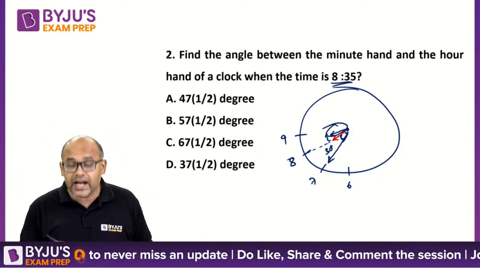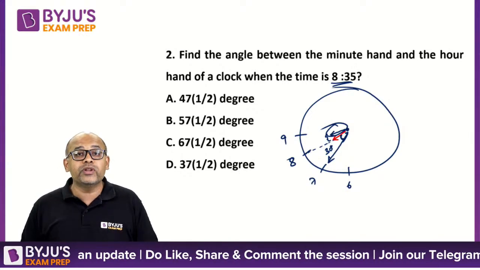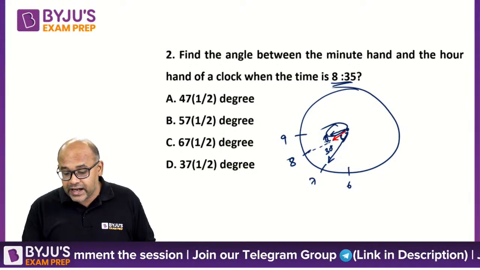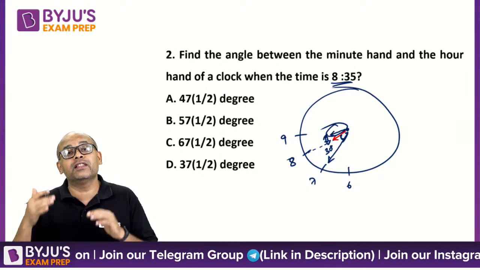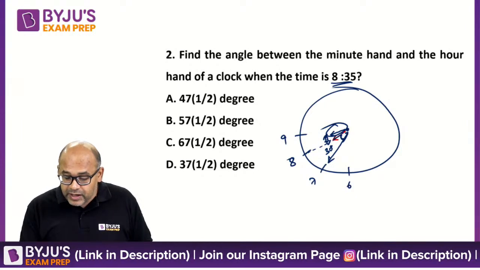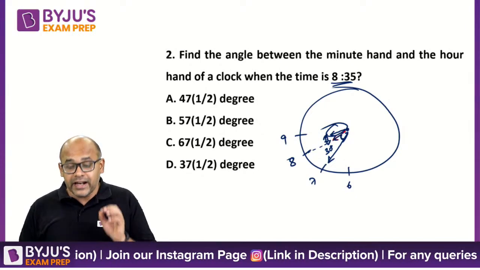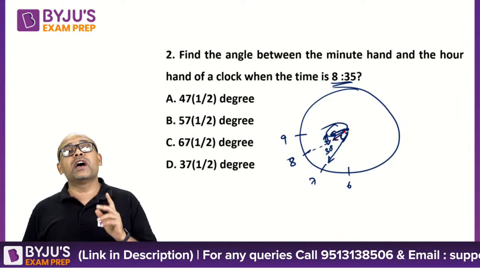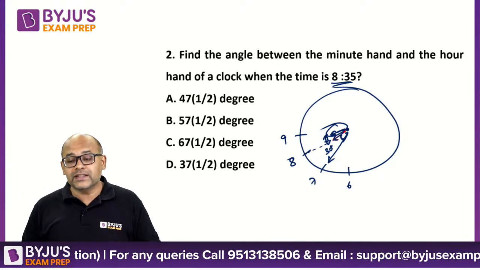So what is moving this extra? Only the hours hand is moving. Why is it moving this extra? Because it is the angle that is gained for traveling 35 minutes. At 8 o'clock, it would have been in this red position. Exactly. At 8:35, it is in this position now. So 35 minutes it is traveling extra. What is that angle?